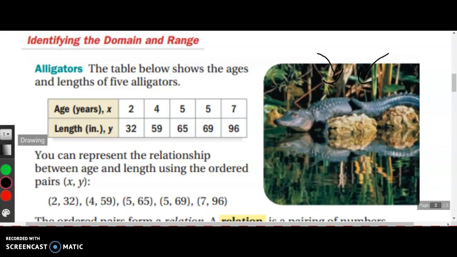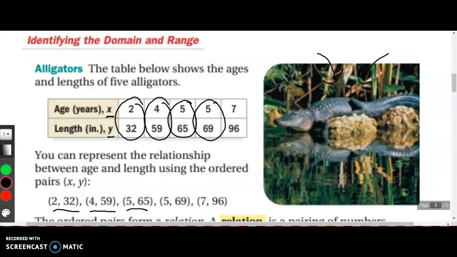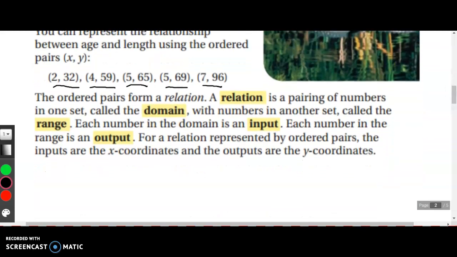Now, you'll notice that they labeled these with an x and a y, which means we can write these as ordered pairs. So this one would be the ordered pair (2, 32). This would be the ordered pair (4, 59). This would be (5, 65). This would be (5, 69). And this would be (7, 96). Okay?